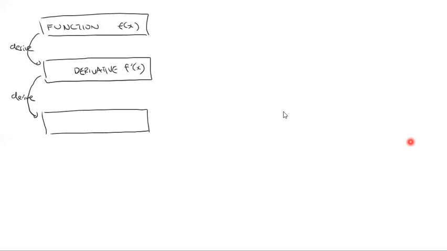To differentiate between these functions, remember all of these are functions: you derive the original and get the first derivative, and then you derive it again and get the second derivative of the original function. We'll use f double dash x. And of course, this can keep going, but we're not going to bother for our purposes here.